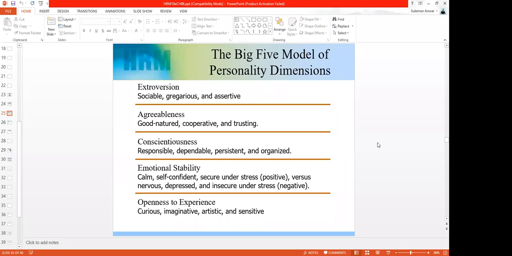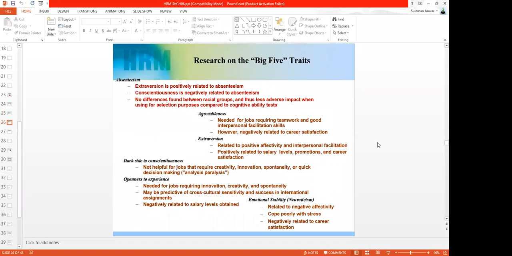For that, I have collected research evidence for you. We have just gone through the Big 5 traits, and now let's see how these 5 traits are associated with the job and with one another when we talk about personalities.